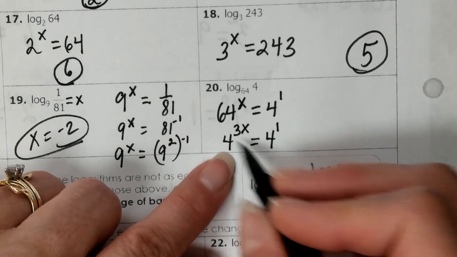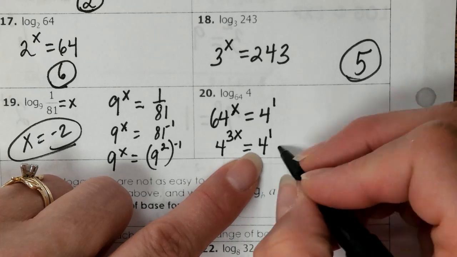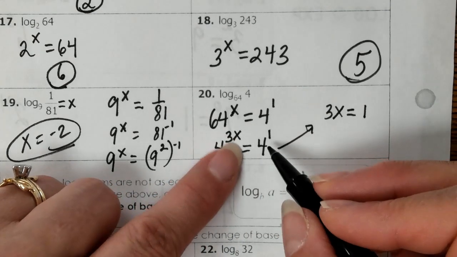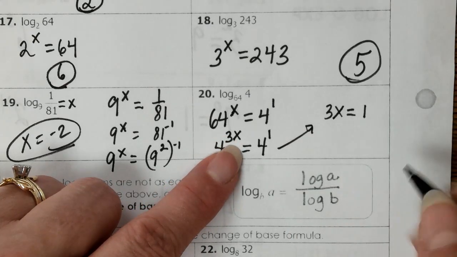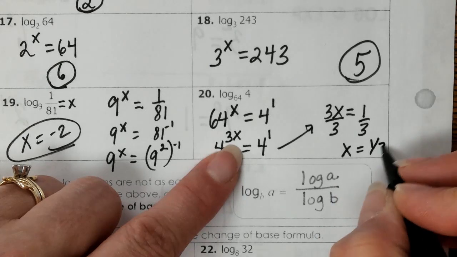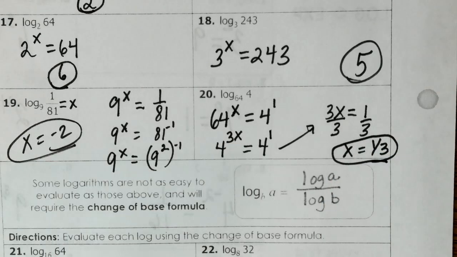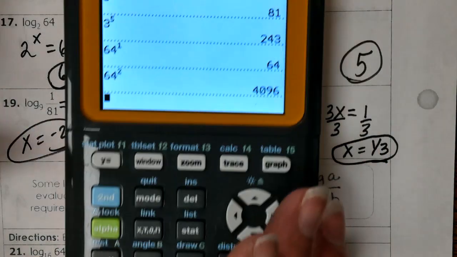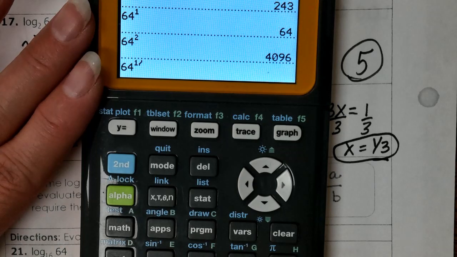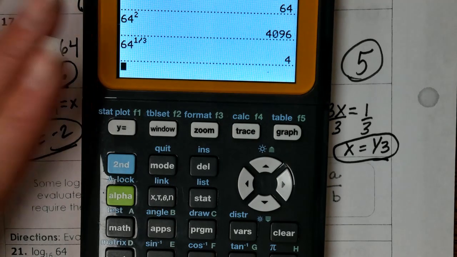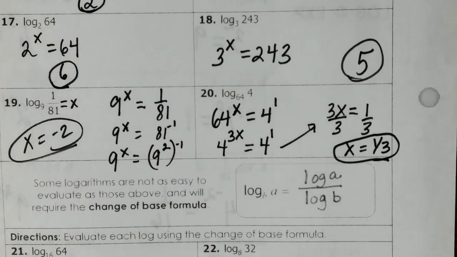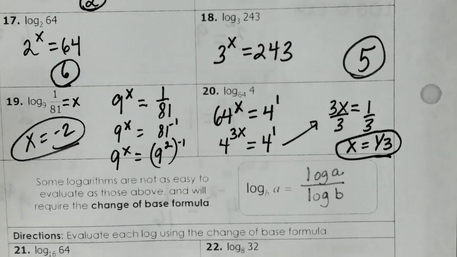And if I can make the bases look alike, then I can just equal the exponents. So if I equal the exponents and I solve that little equation, we would divide by 3. So the answer that we were looking for was 1/3. And now if you go in the calculator, it's kind of cool to check. You could do 64 raised to the 1/3 power, and it is 4. So you could check and kind of use your calculator as just a little helpful tool there.